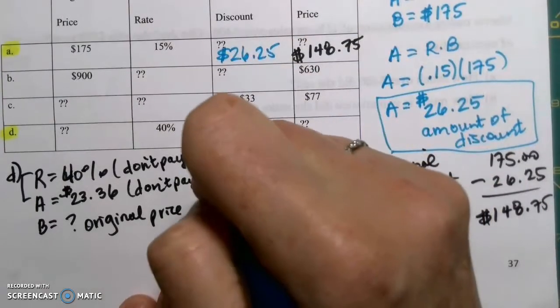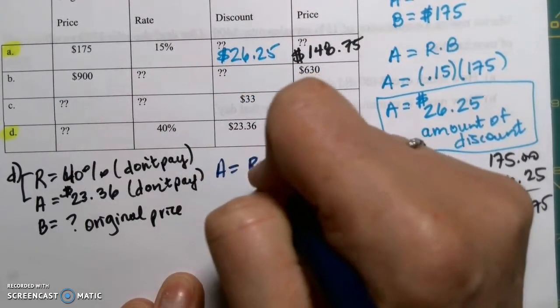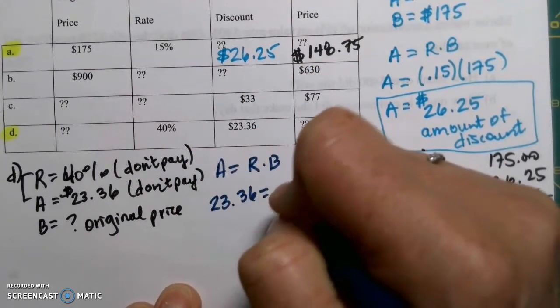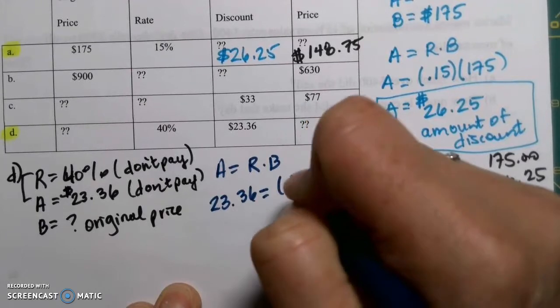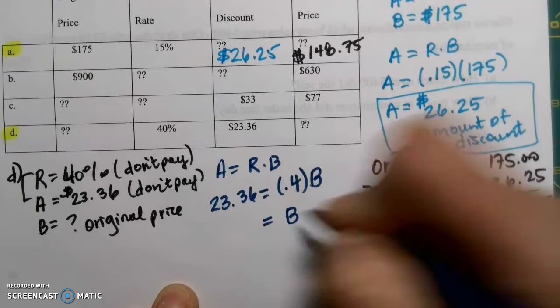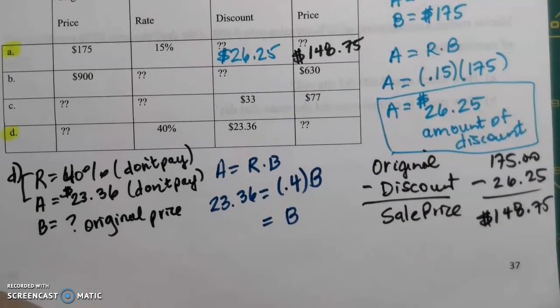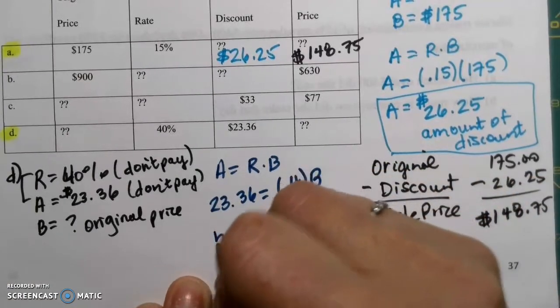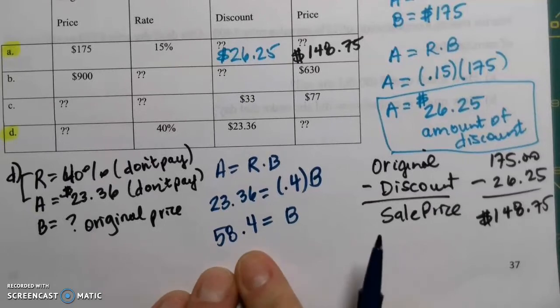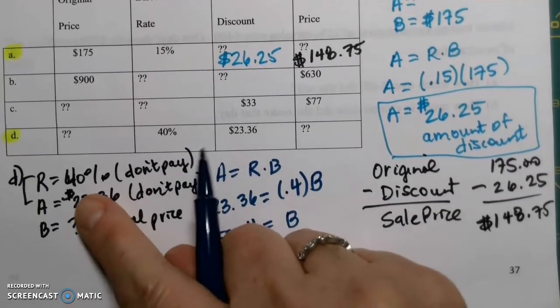So amount equals rate times base. The amount is the 23.36. The rate is 40% as a decimal, which will be 0.4 times B. Divide both sides by 0.4. And we would get 58.4. Now, remember that this is an original price, and it was 40% off.